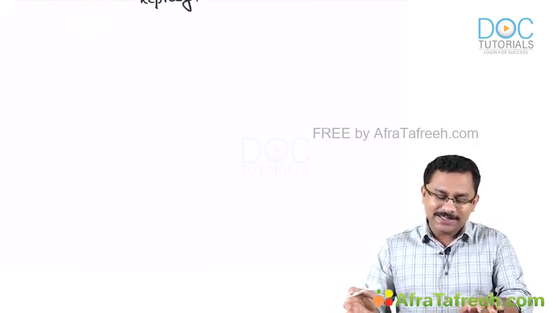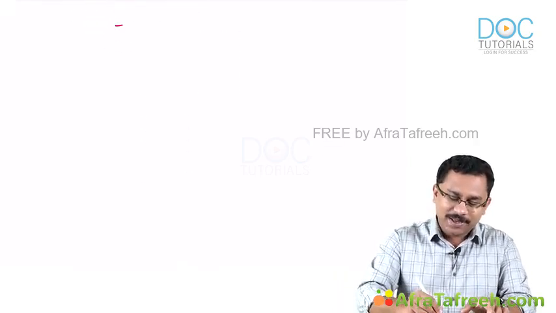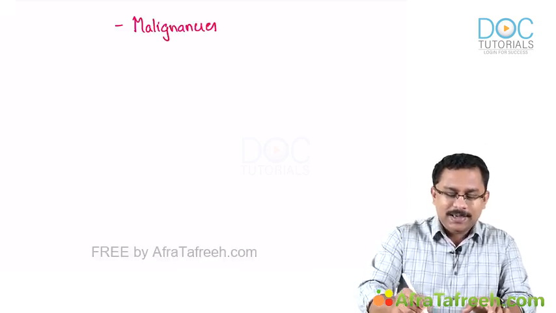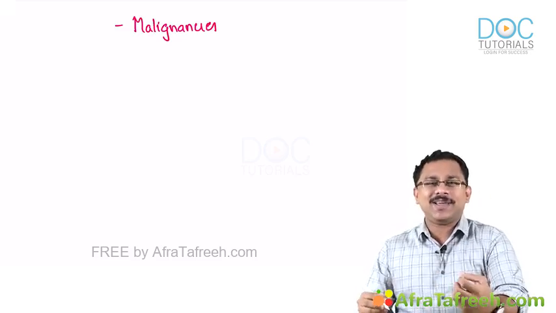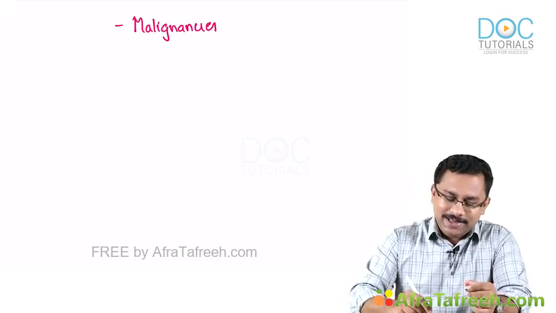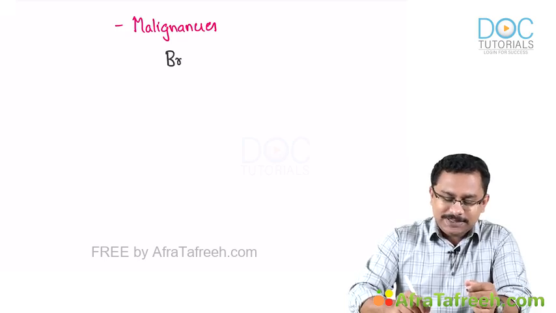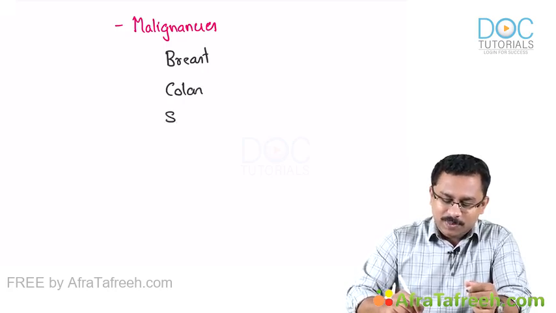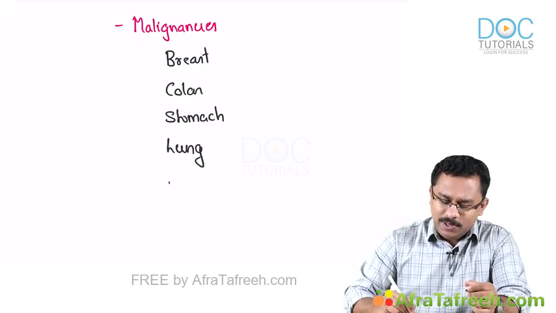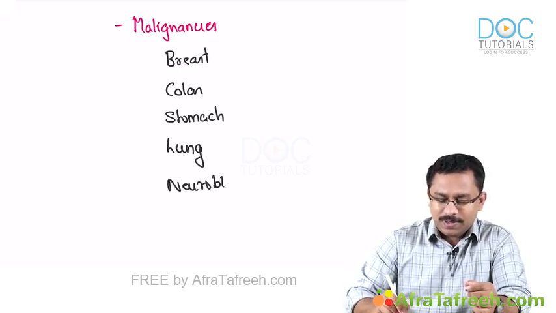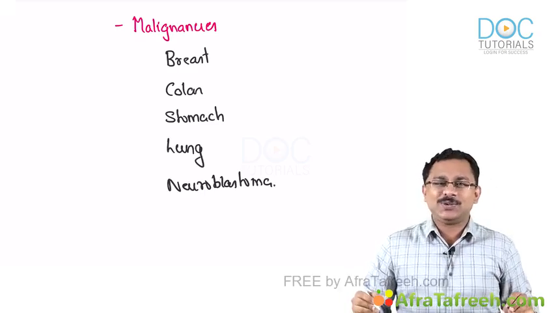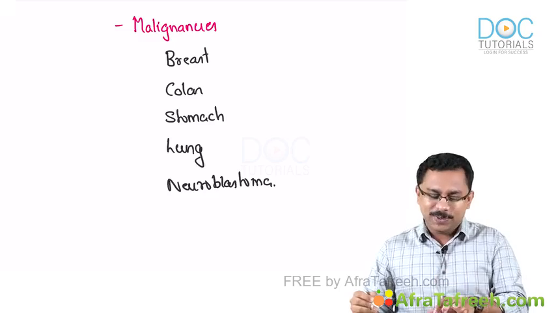Now, other than infections, you may also have malignancies, predominantly the solid organ malignancies, like your CA breast, colon, stomach, lung, even neuroblastoma also. So these are the malignancies that may be associated with membranous nephropathy.